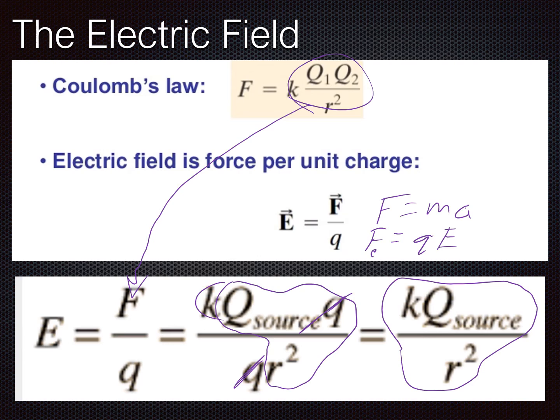So the electric field is exactly the same formula as the electric force, only missing one charge. So it's as if you're just looking at the field of a single charge that's far away and you don't have another charge to measure the force against. You're just measuring how strong the field would pull on a charge if it were there.